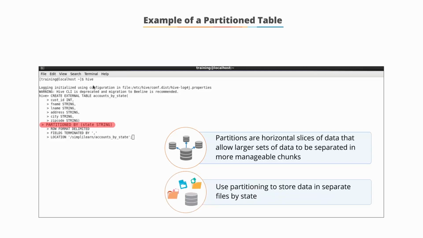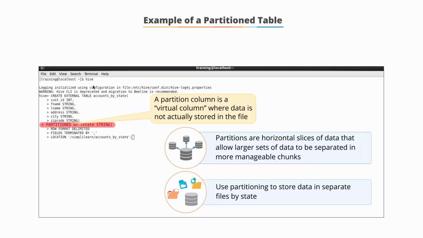This essentially means that you can use partitioning to store data in separate files by state, in this case, as shown in the example. At the time of table creation, partitions are defined using the partitioned by clause with a list of column definitions for partitioning.